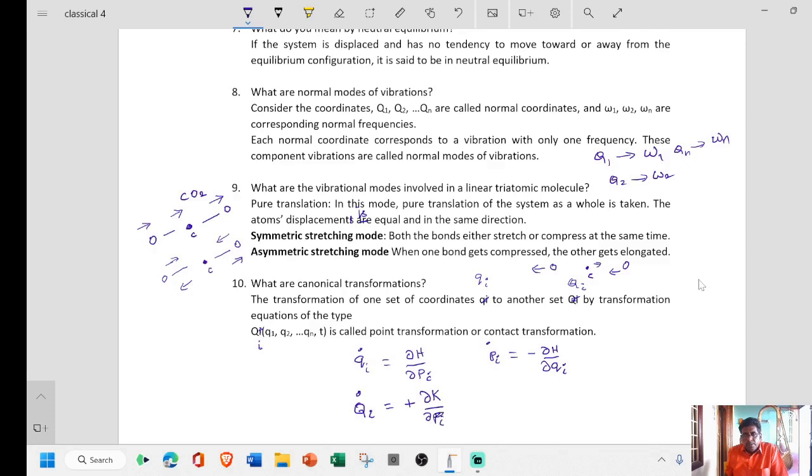This is capital P. This Hamiltonian should be replaced by another Hamiltonian K. Then if you replace this small p_i dot by capital P_i dot, this equation is changed as minus dou K, the new Hamiltonian K replacing H, divided by dou Q_i. Now these transformations are called canonical transformations.